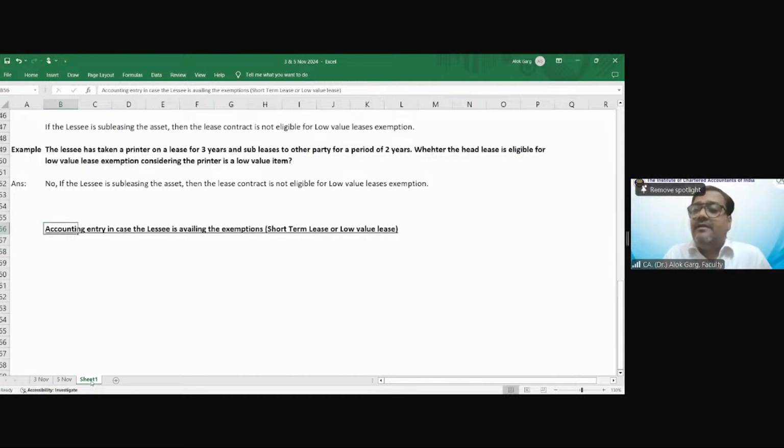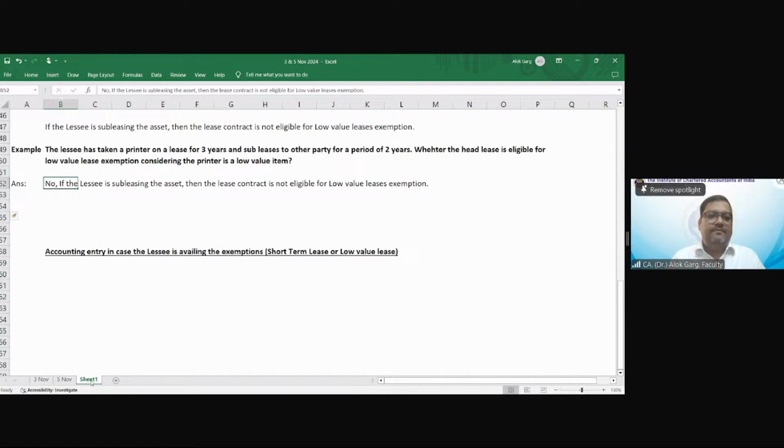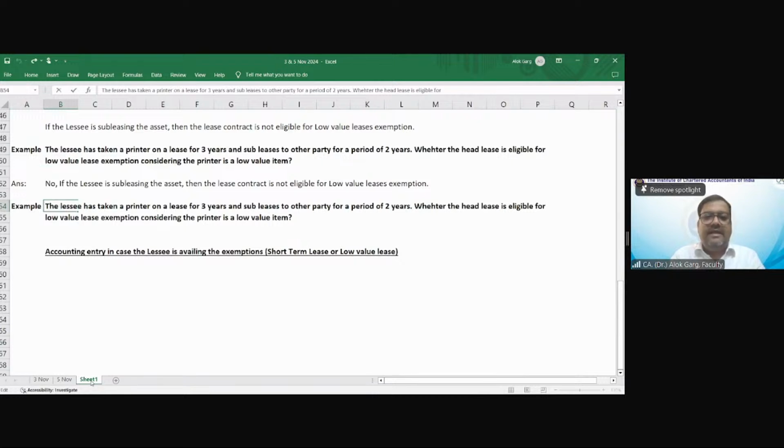Since this printer, let's say it would not be a subleasing. Second example, the lessee has taken a printer on a lease for 3 years for its own use.